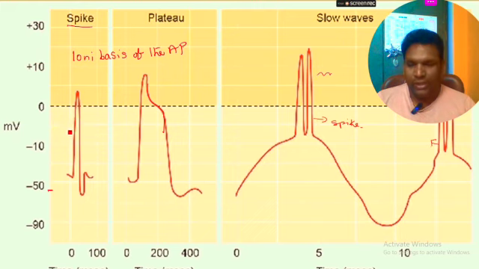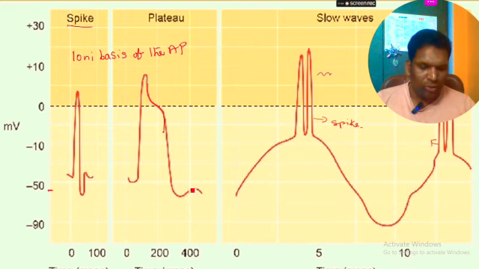Continued efflux of potassium causes slow hyperpolarization, then closure of the calcium channels and calcium dependent potassium channels causes slow depolarization again. These are the phases of the ionic basis of the action potential.